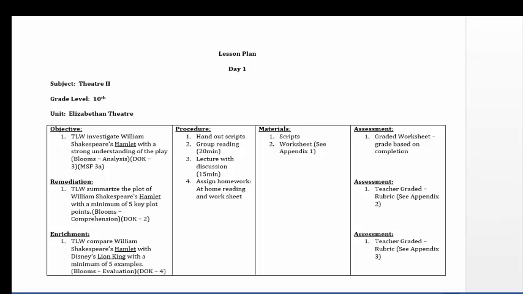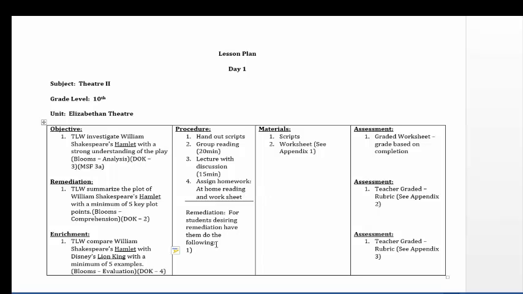There's no differentiation between remediation and enrichment. There's no identification of those. There's no what we need to do. So what I would do is I would word my procedures up, and then I would draw a line here, and then I would document that way.